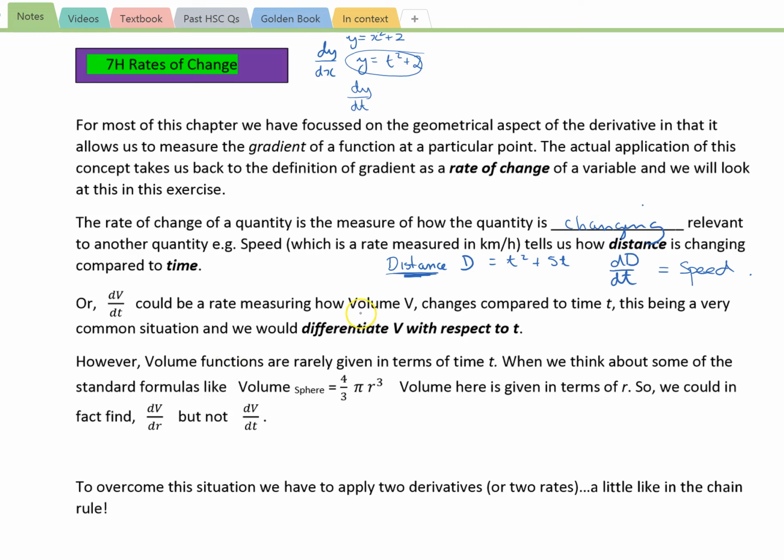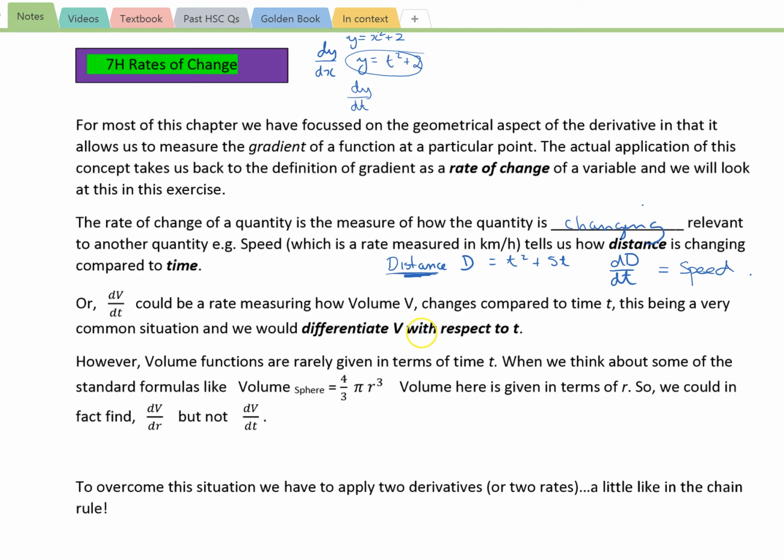Now, there might be other situations where we're interested in the volume changing with time. If we're comparing different cars and we want to know the rate at which the volume of petrol is being used with respect to time from one car to another car, then that's an interesting feature, or from one engine to another engine, that the engineers would be looking at, and maybe they're trying to improve the rate or decrease the rate at which the volume of petrol is being consumed with respect to time.